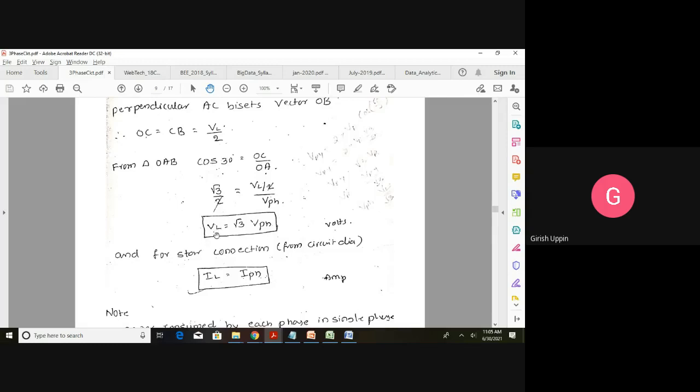Whenever you say what is the line voltage, it would be 1.732 times or root 3 times V phase. So always line voltage is more than the phase voltage in case of a star connection. That would be VL is equal to root 3 V phase. This is the important derivation from exam perspective.